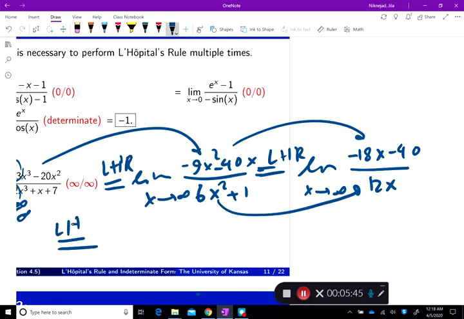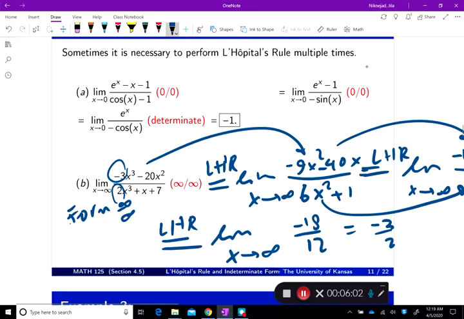I do another L'Hopital's rule, and the limit as x goes to infinity is negative 18 over 12, which I can simplify by 6, and it's going to be negative 3 over 2, which you were expecting. So it works with L'Hopital's rule, and it works naturally with the other methods that we have.